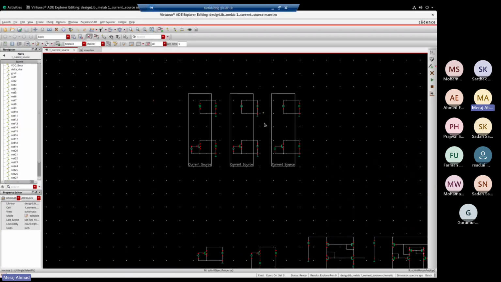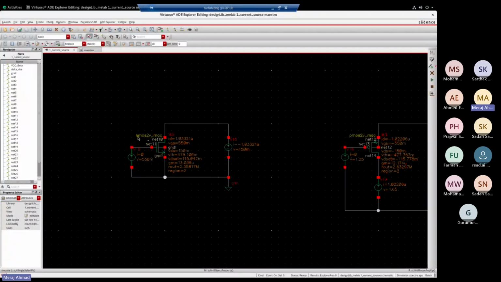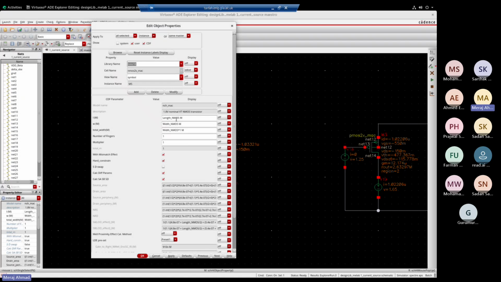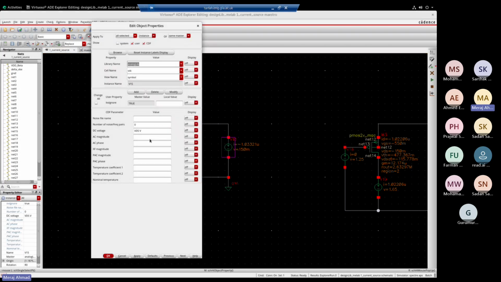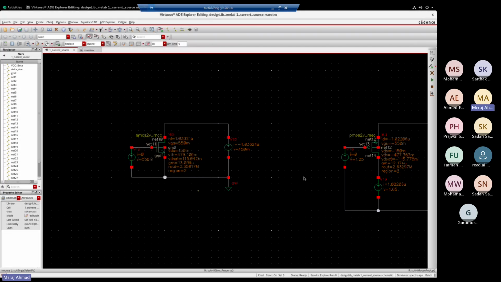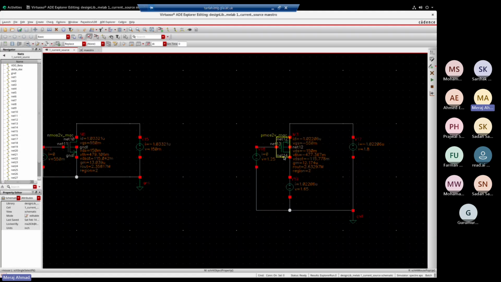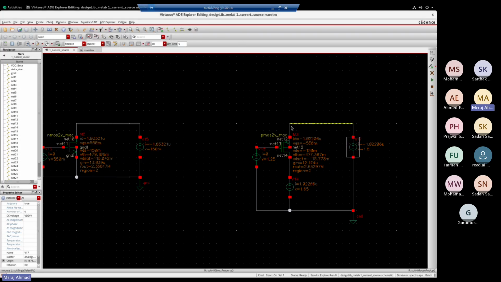But this is how you can quickly arrive at a solution. What I do is take an NMOS from a library. I will just give a variable length and width, and this is my VDS and this is my VGS. Similarly for PMOS, I will put VDD here, because in a real scenario the source is at the higher potential, VDD.